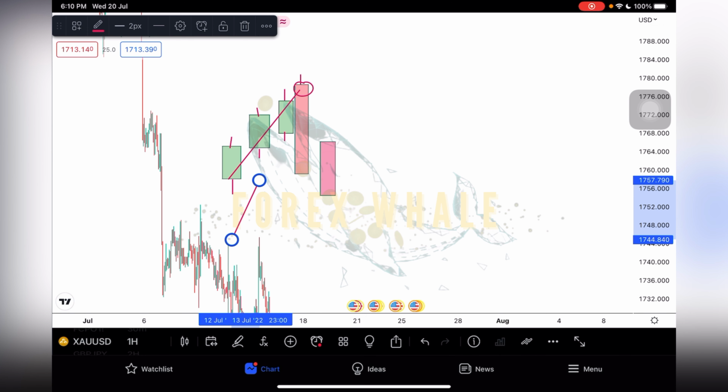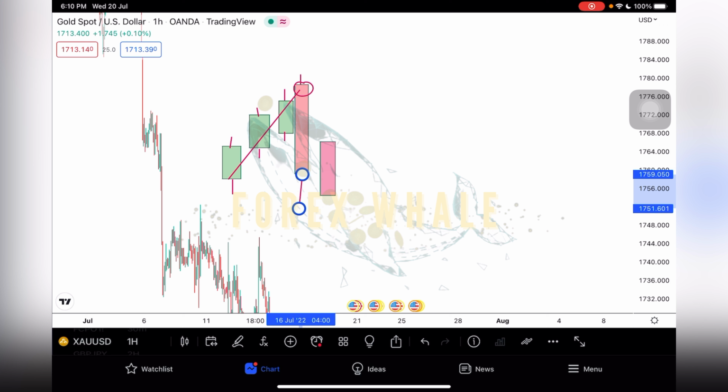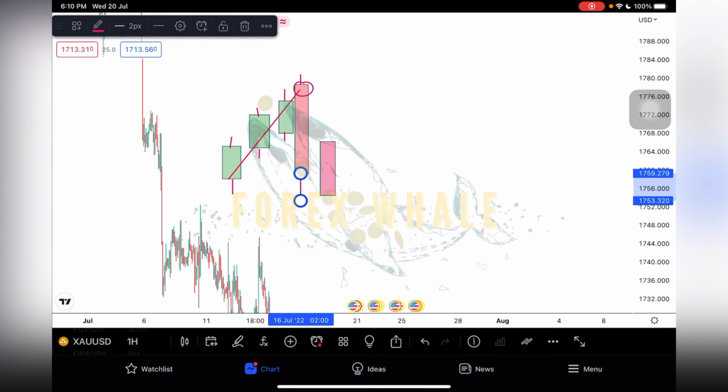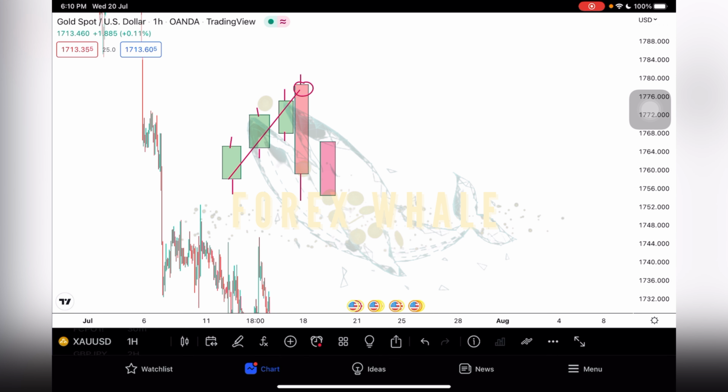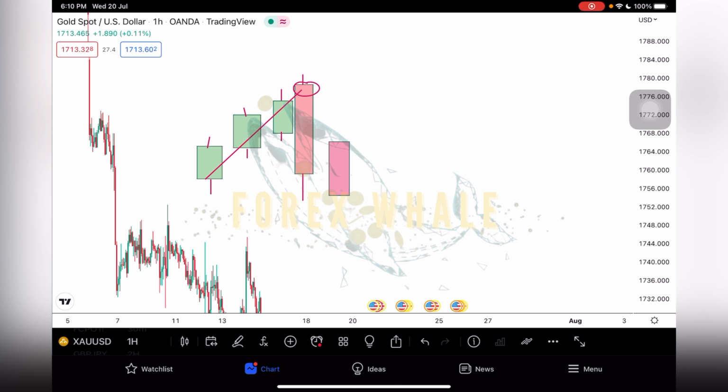So this is a sign that it is a very strong engulfing candlestick. Very simple. You can draw this in your notes and look at it over and over again. And now it is our job to locate this kind of formation.